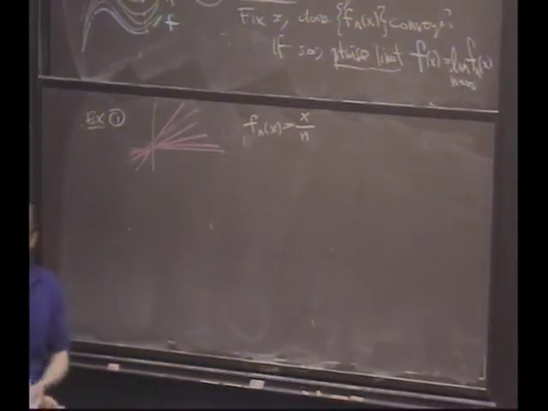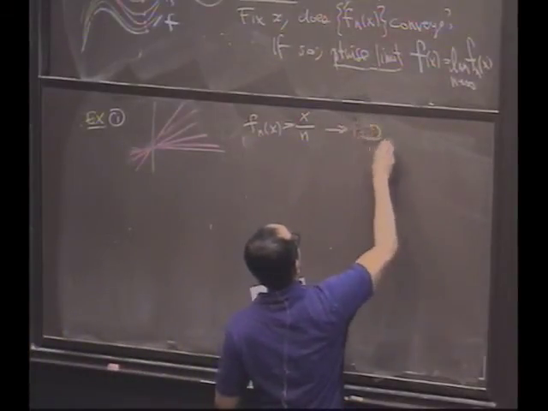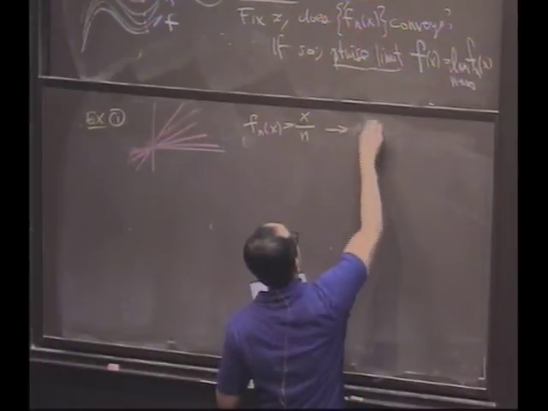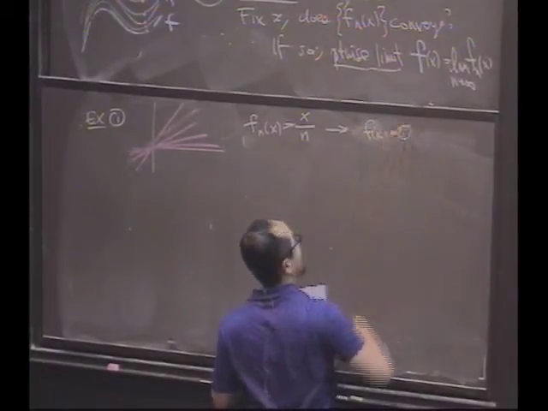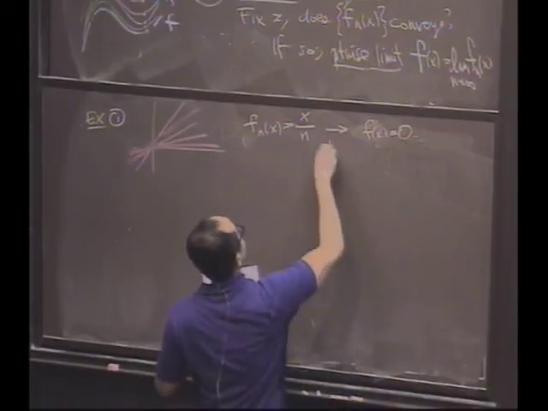Does this converge pointwise? To what? To the 0 function. In fact, I'll write this as f of x equals 0. Yes?